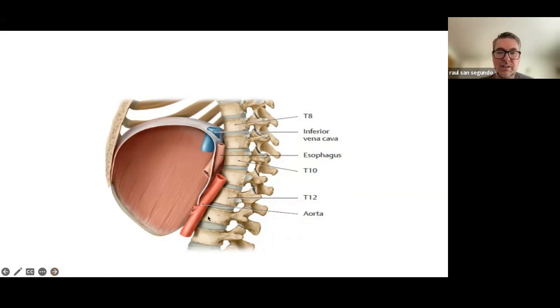Here you've got something that is missing: the thoracic duct coming here, really close to the aorta. Exactly.